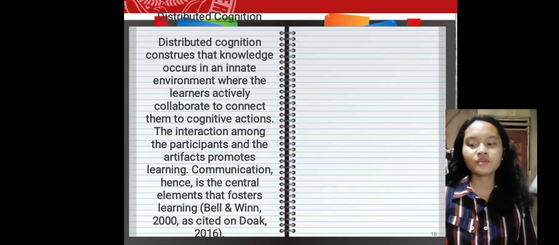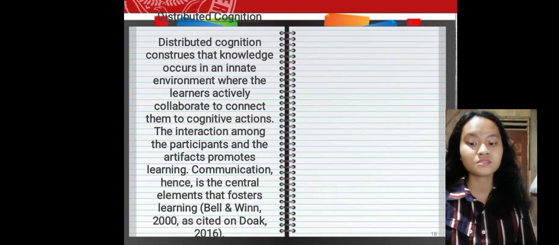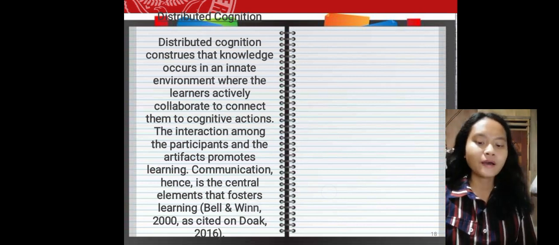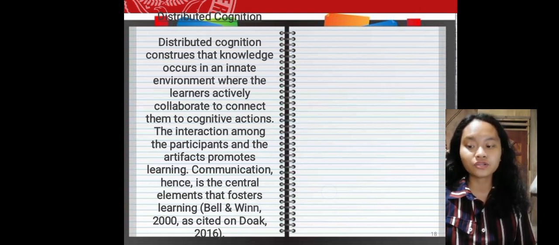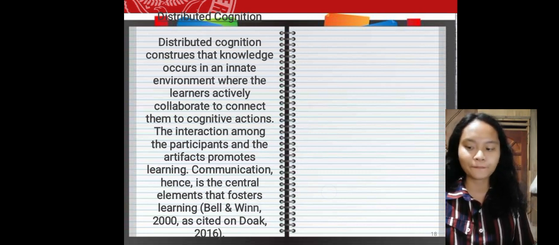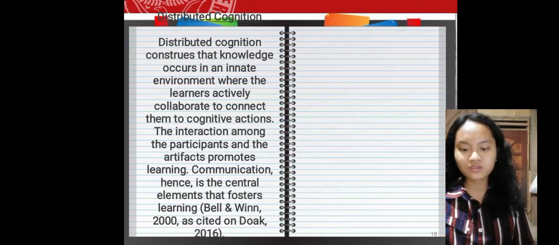So in this theory, distributed cognition, a human cognition that describes how information processing is dispersed across people and their workplace, their technologies, and their social organization, and how information processing evolves over time. So it also provides a framework and method to examine the interactions between people and objects.